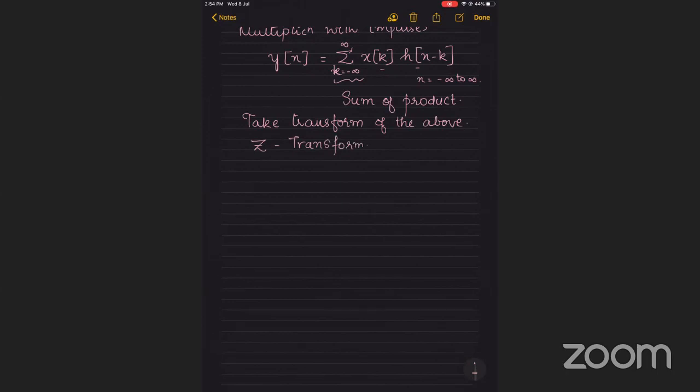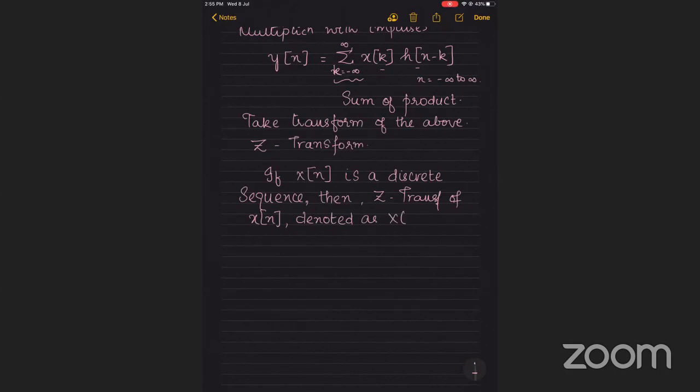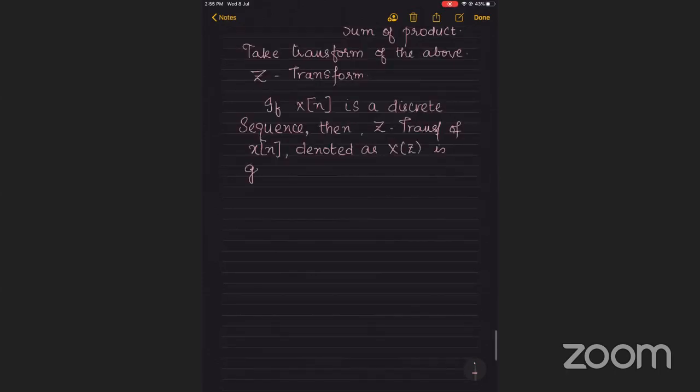So how do I define Z transform? If x of n is a discrete sequence, then Z transform of x of n, denoted as x of z, is given by x of z is equal to sigma n is equal to 0 to infinity or minus infinity to infinity.